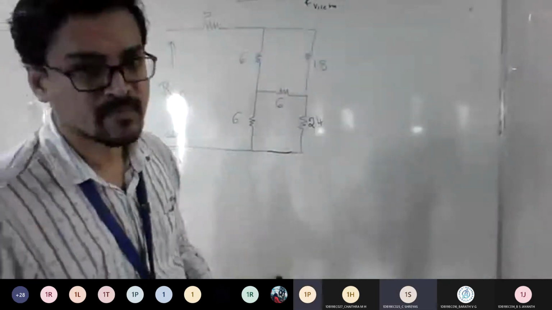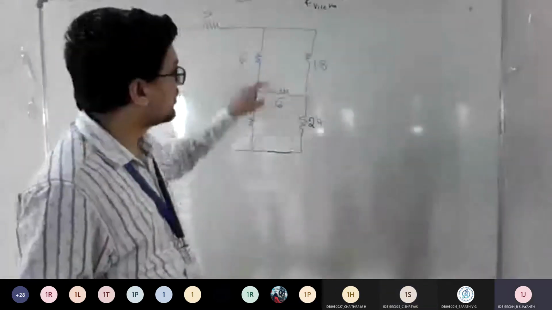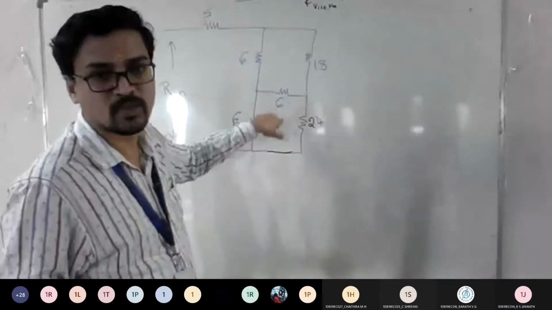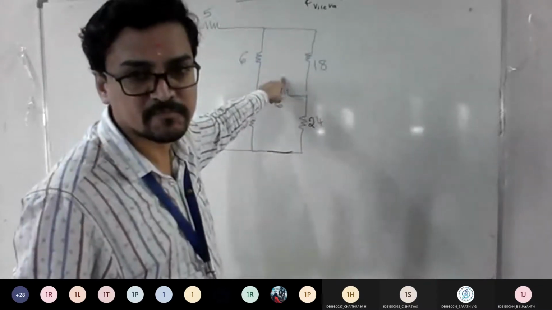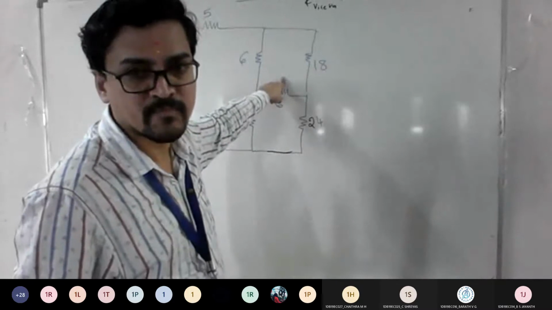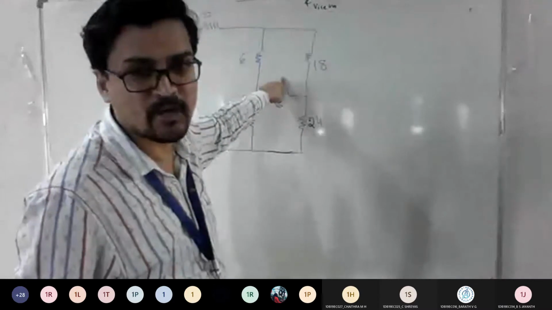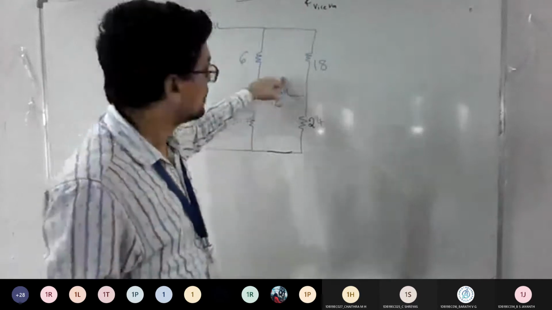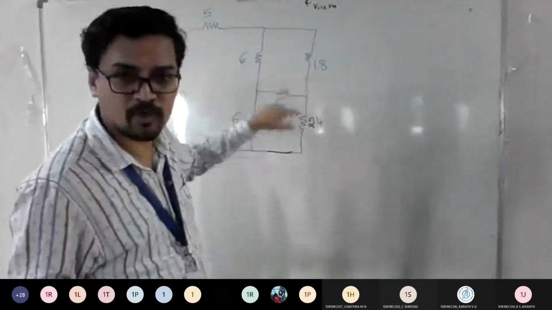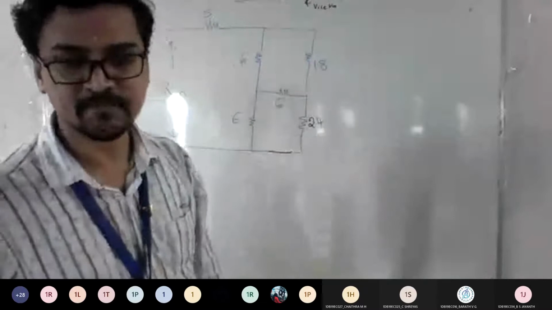Delta to star, sir. See, listen here. You look at these two meshes, they look like your pi. Is it like pi or not? Yes, sir. But tell me, do you want to apply for both or is one sufficient?